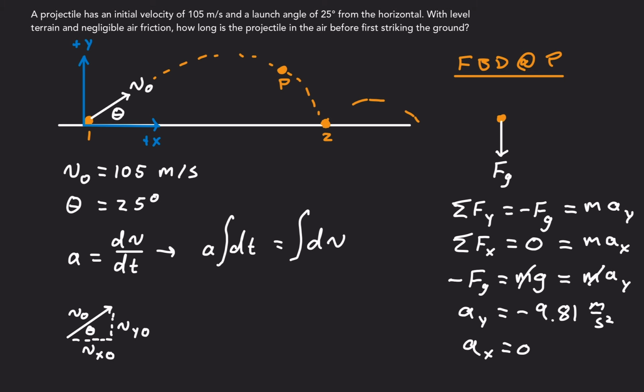So from trigonometry, we can note that Vy naught is equal to V naught times sine theta. Vx naught is equal to V naught cos theta. All right. Going to erase the free body diagram analysis.